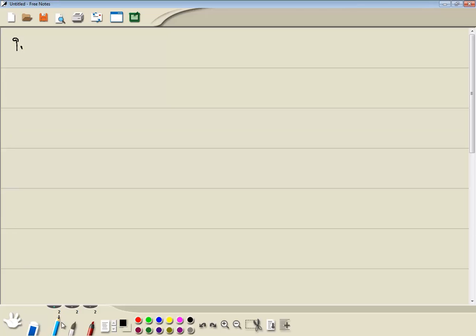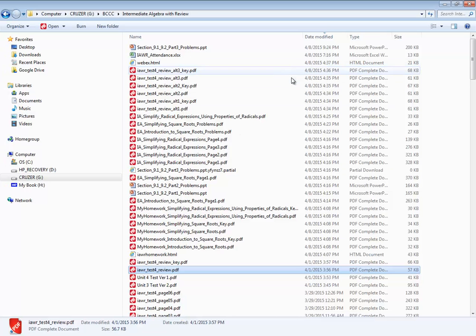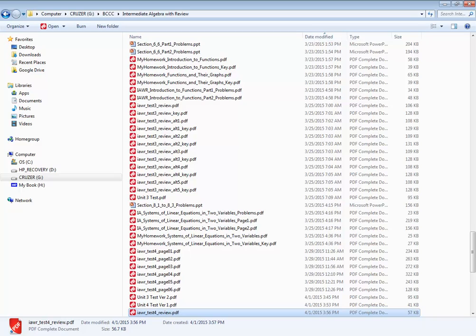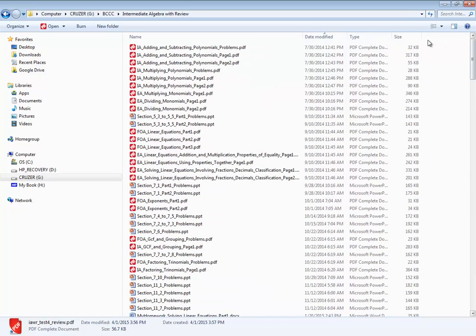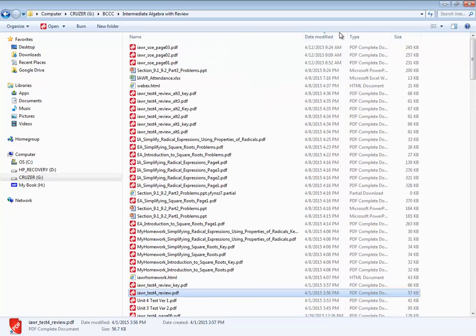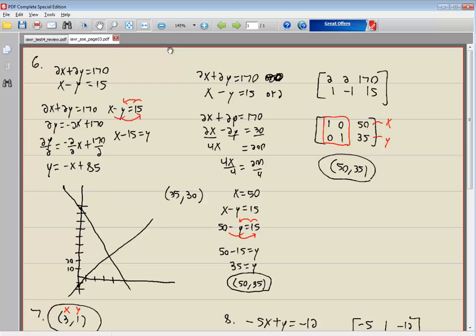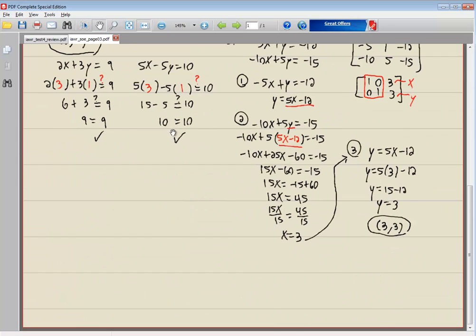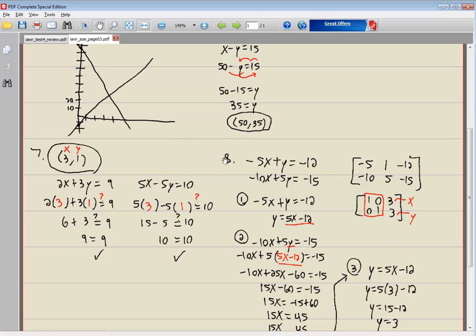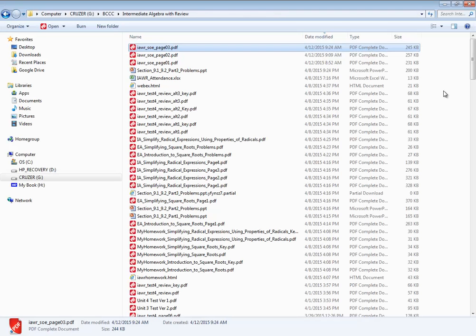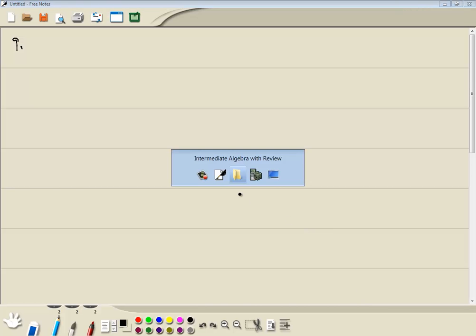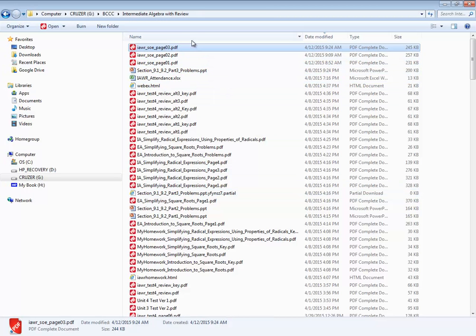Just out of curiosity, six, 7, 8. Okay, it is number 9. I didn't get off. I just didn't realize I was looking at the wrong numbering. Of course, now I close the review down.